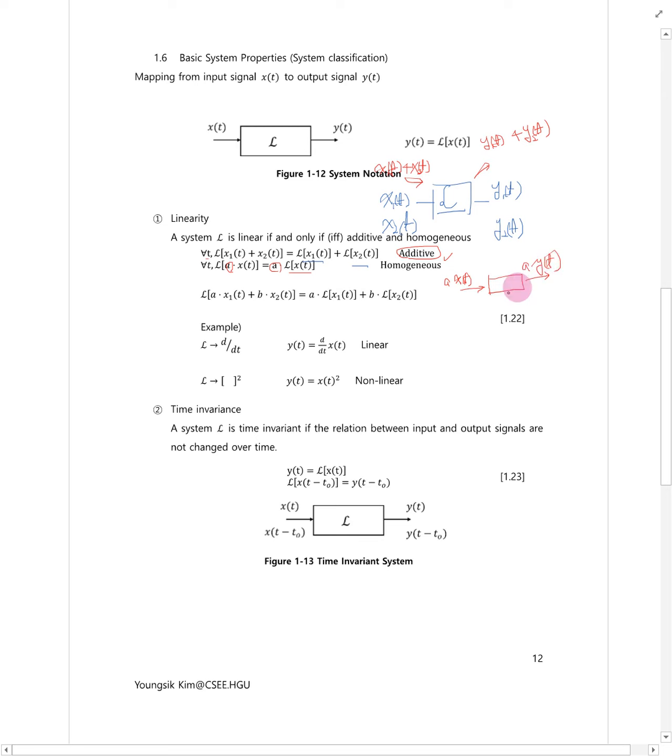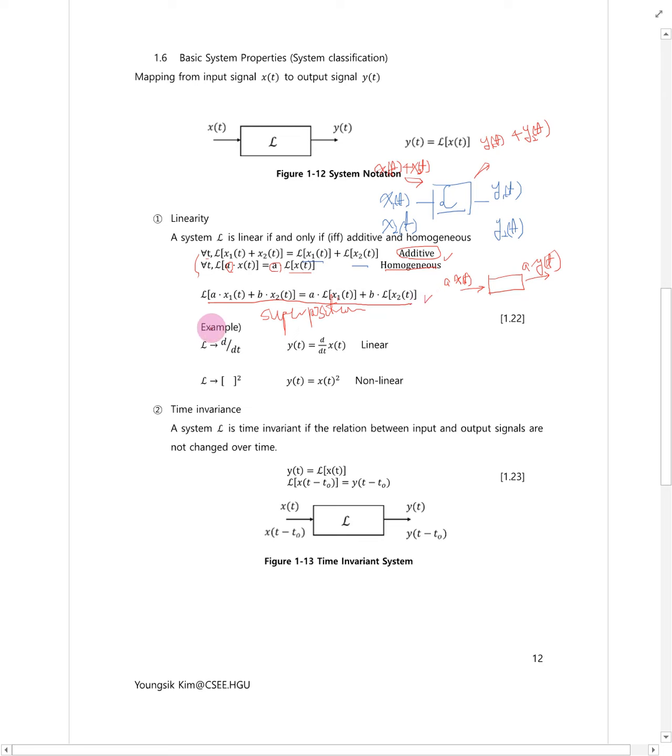If the system satisfies this condition, we call it homogeneity or scalability. If additivity and homogeneity are both satisfied, then the superposition theory works. Linearity means additivity and homogeneity.